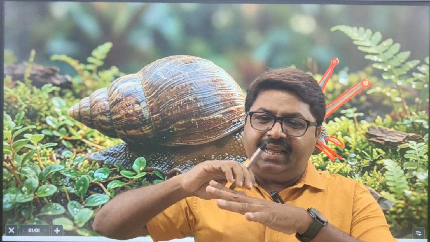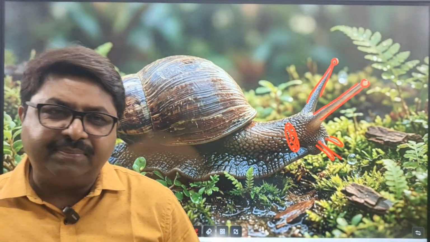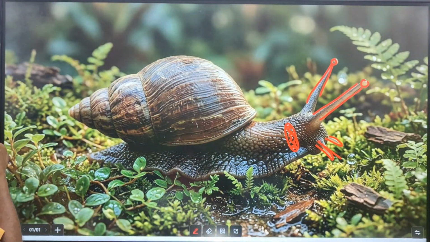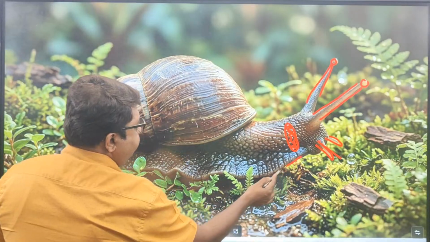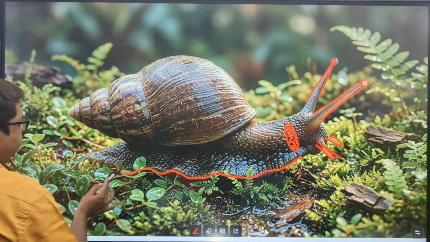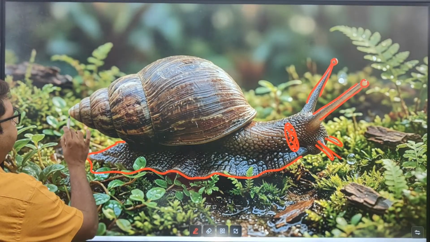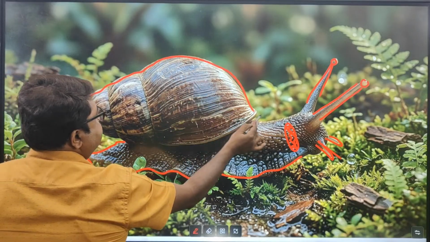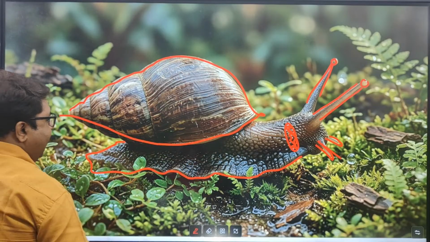They will eat the whole leaf, keeping only the skeleton of the leaf, which is called midrib. 14,000 teeth. Fine, this is the snail body.